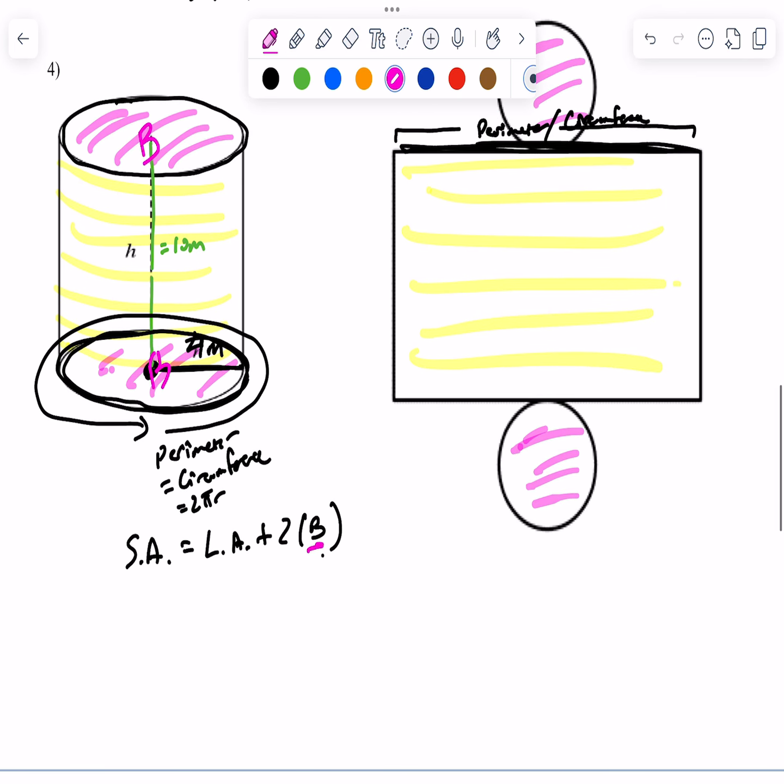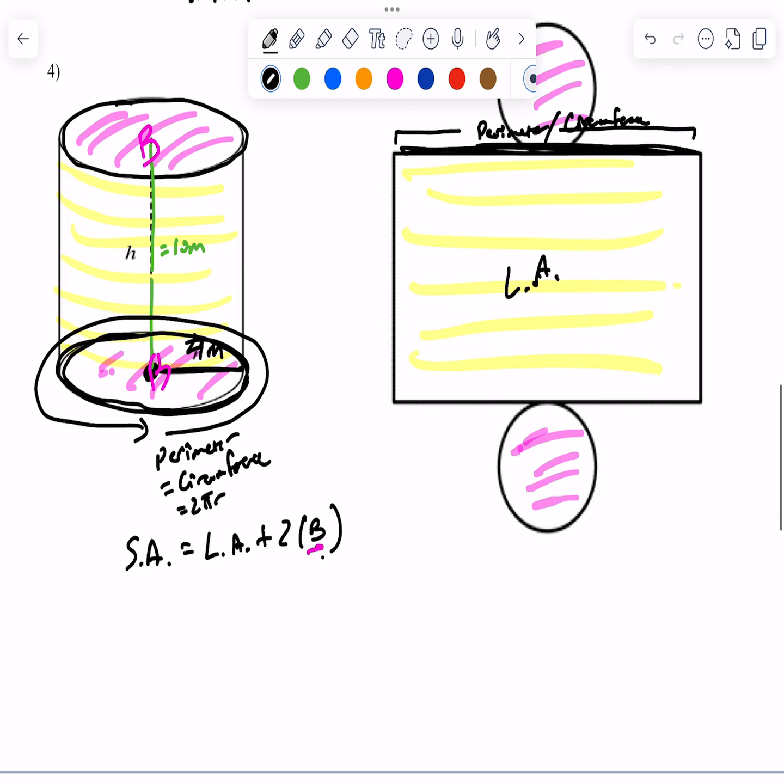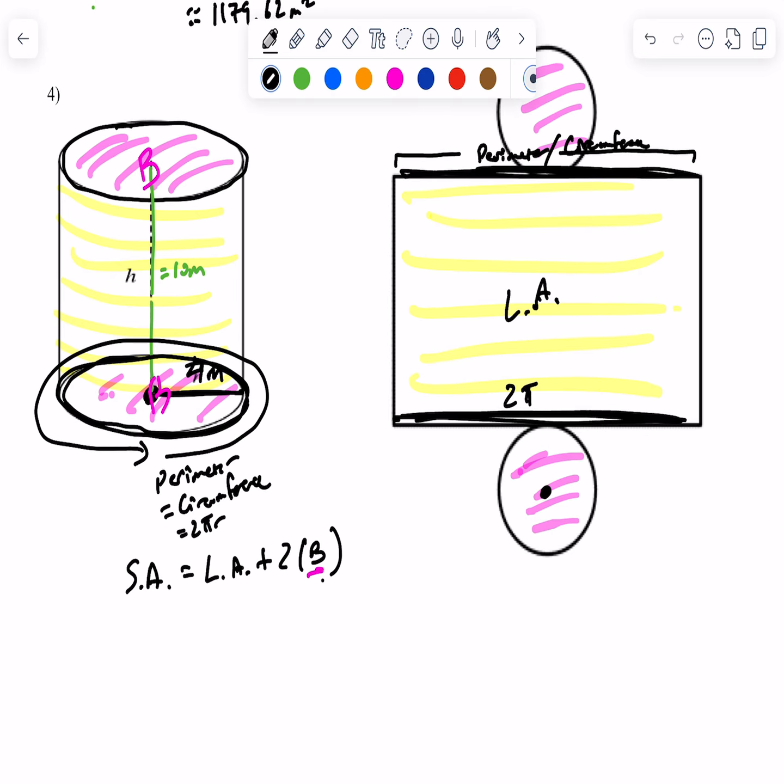So let's talk lateral area first. This is the lateral area. It's just a rectangle when you unwrap it. What is the width of this rectangle? It is just the circumference, unwrapped, and that is 2 pi times the radius. What was the radius again? The radius was 4, so 2 pi r.